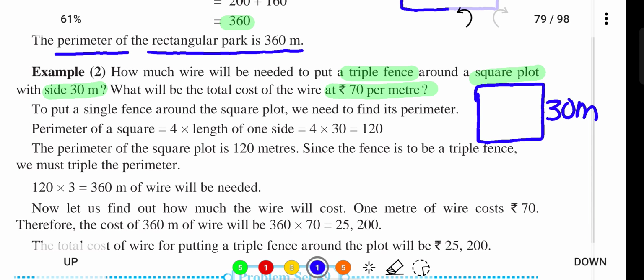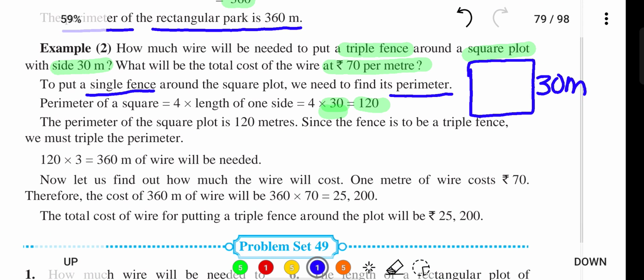To put a single fence around the square plot, we need to find its perimeter. And we know the formula: perimeter of a square is equal to 4 into length of one side. So put the value, 4 into 30. Side is 30 meter. So multiply 4 into 30 is equal to 120 meter.